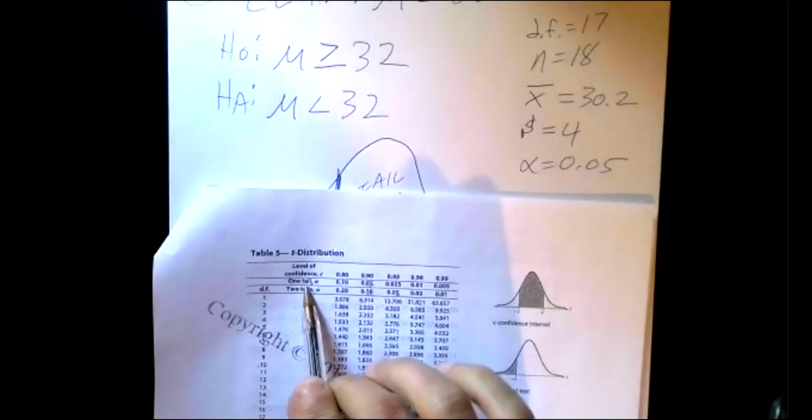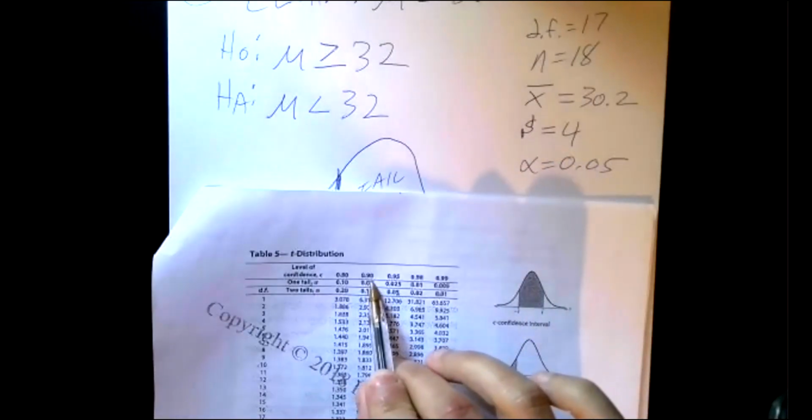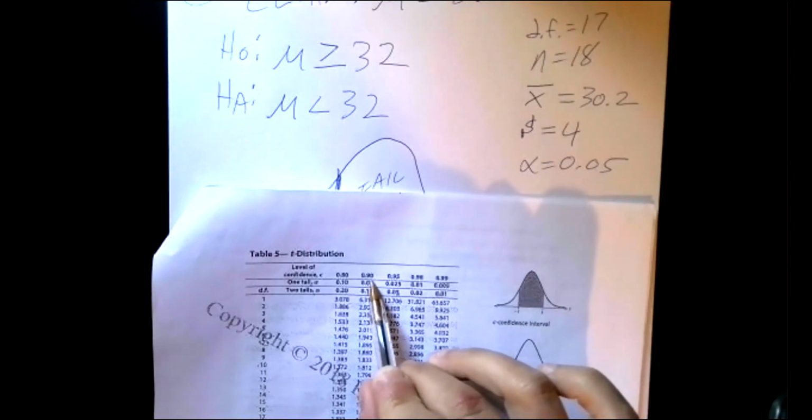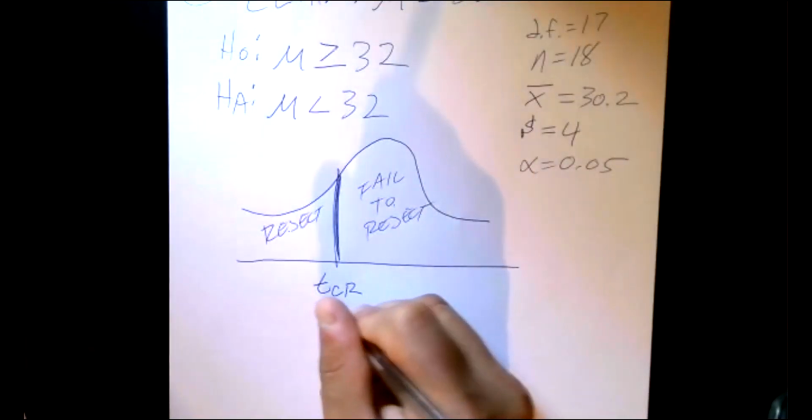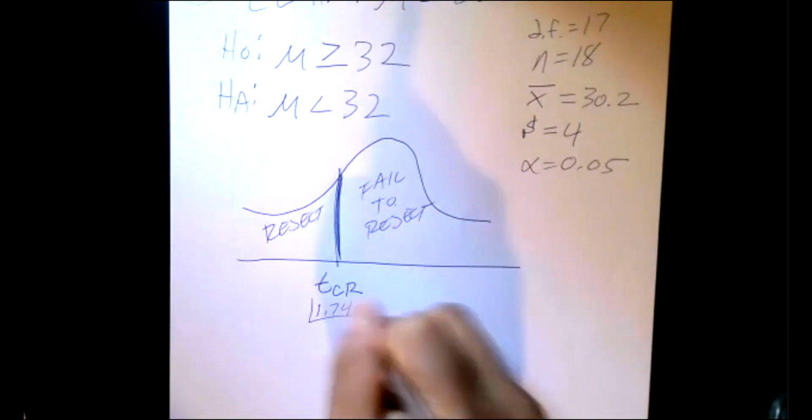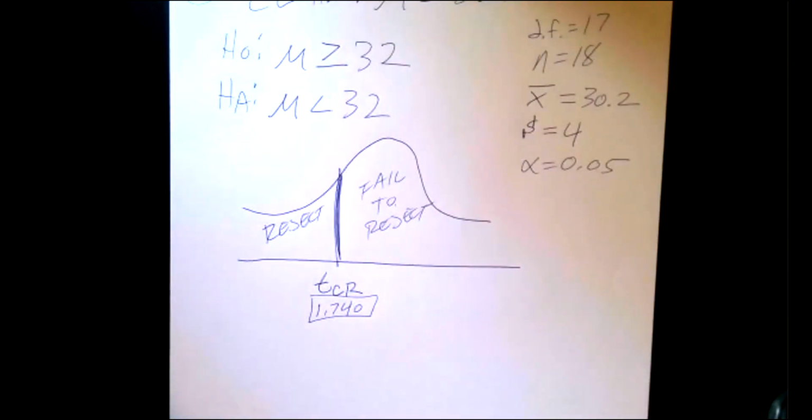So one tail, 0.05, we go to the second column. Degrees of freedom are 17. If we scroll down, 1.740. Which separates reject from fail to reject.